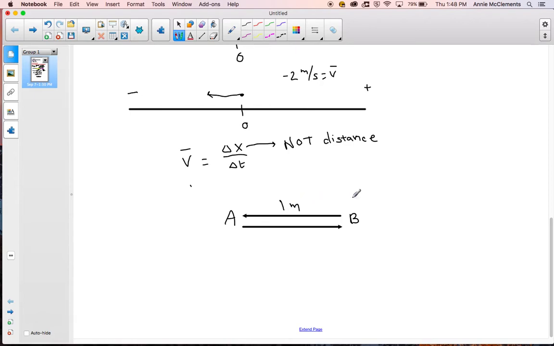The distance I walked is 1 meter there, 1 meter back. So my distance is 2 meters. My displacement, my change in position, my delta x, is 0.